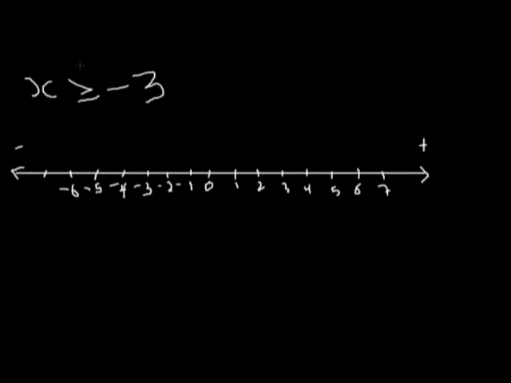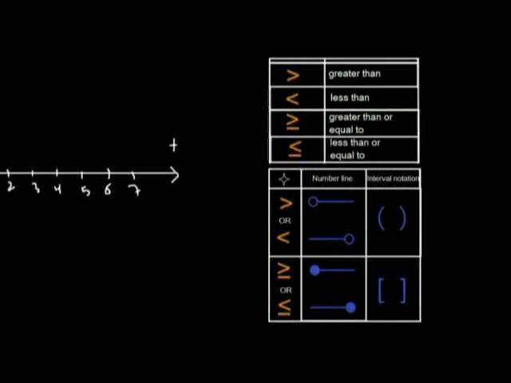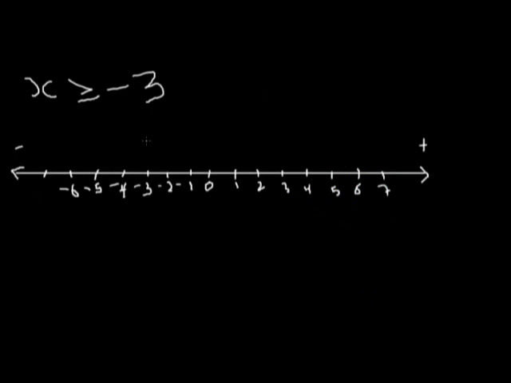Whenever we use a greater than or equal to sign, or less than or equal to sign, on a number line we will use a closed circle to represent our inequality. So at negative 3 we have a closed circle and a line towards the positive infinity.